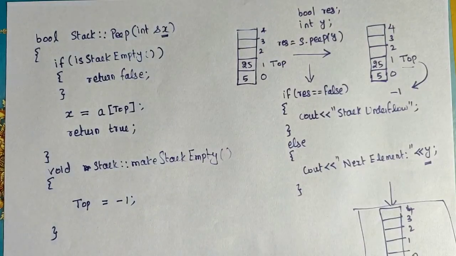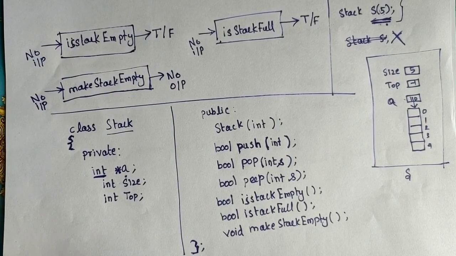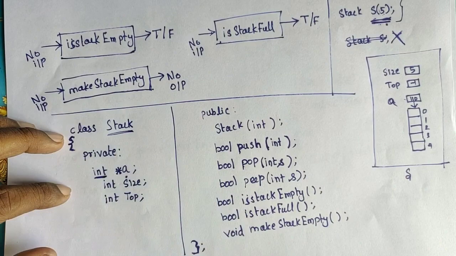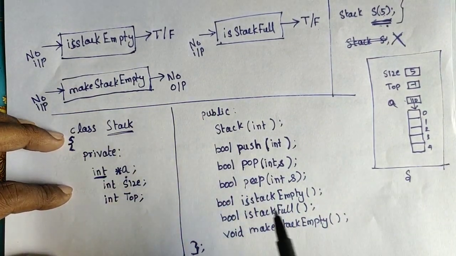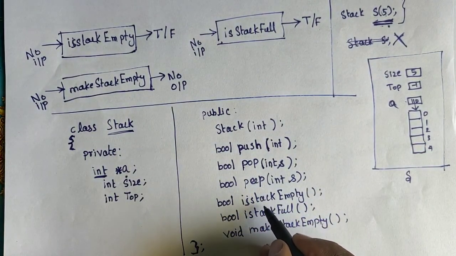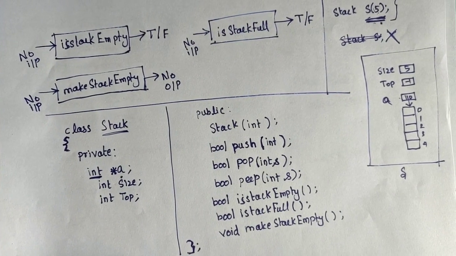We have discussed the implementation of the stack ADT. We have discussed the implementation of all these operations: push, pop, peep, is stack empty, is stack full, and make stack empty. So this is the way to create the stack ADT.